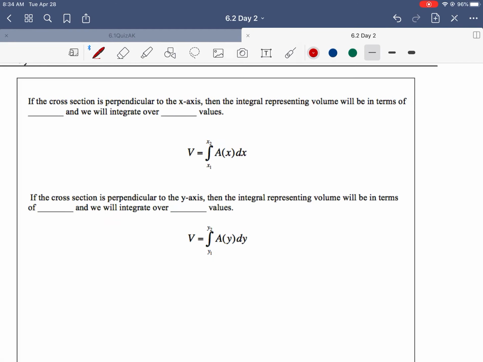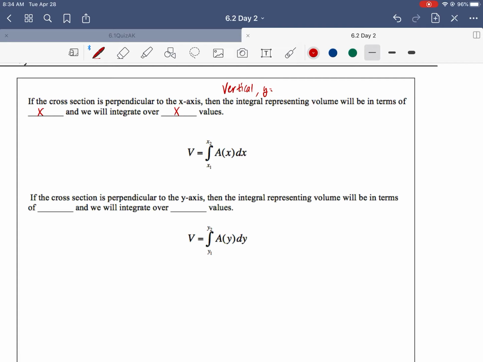Okay, so in summary, if the cross-section is perpendicular to the x-axis, that always translates to me as parallel to the y, or vertical, then the integral representing volume will be in terms of x, because it would be vertical and y equals, and we'll integrate over x values.